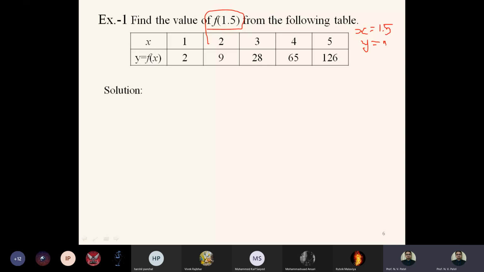What is your y value? So x value is 1, 2, 3, 4, 5, where 1.5 is at the starting of our table. x is 1.5. So what is your correspondence y value?